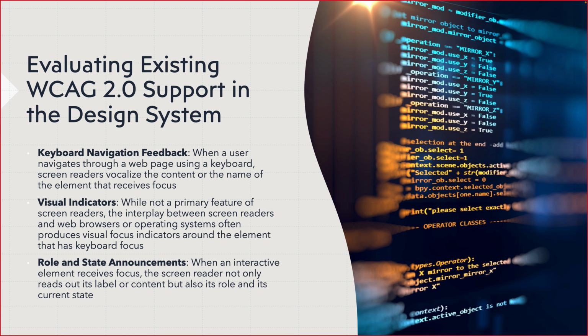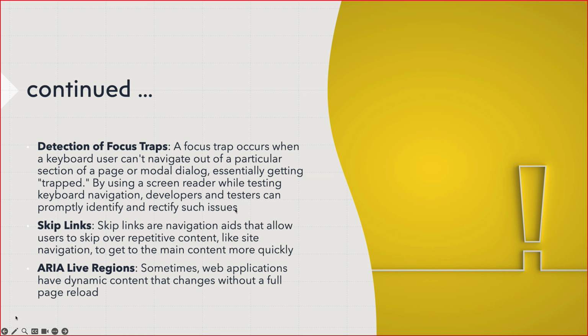For example, a drop-down list or combo box is different from a text field. When the focus comes to the drop-down, the screen reader should read out that it's a list of elements, and as you hit the down arrow key, you should be able to go through multiple items in your list. So it should speak out the role and state announcements.